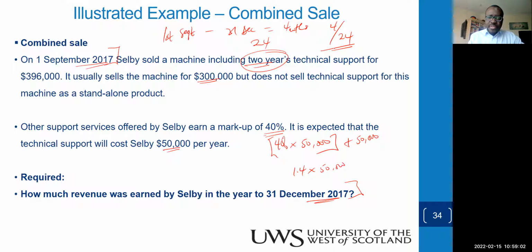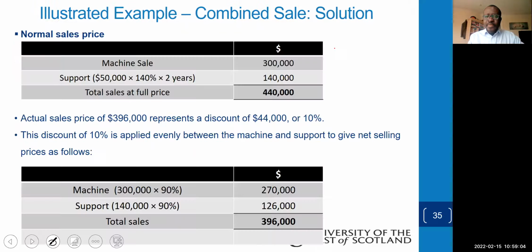How much revenue have they earned? So the machine sale totally would have been 300,000, not 396. Typically, the support would be 1.4 times the 50 times 2 years, every year for 2 years. So this guy would have actually benefited from this. In reality, we should have charged him 440.